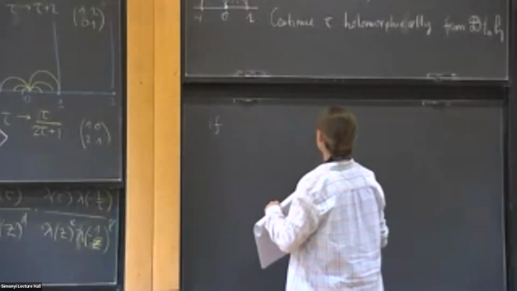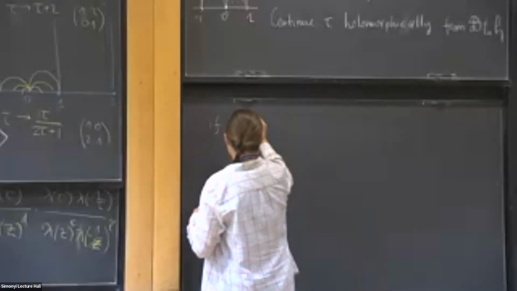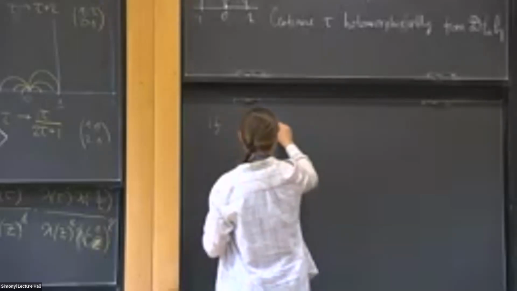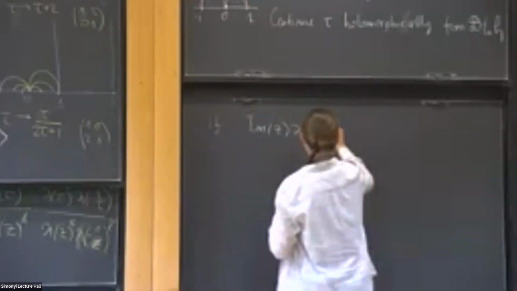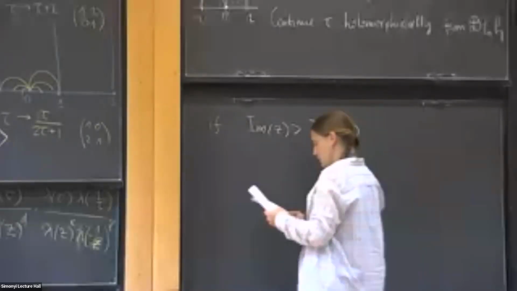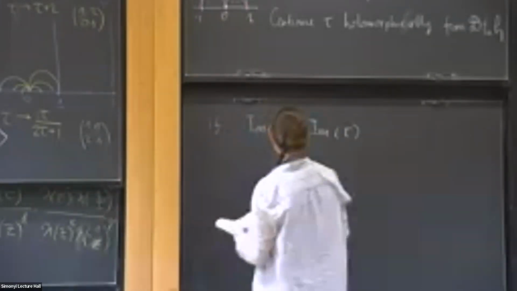Okay, so now if the imaginary part of Z is bigger than the imaginary part of tau, then, or maybe let me think.